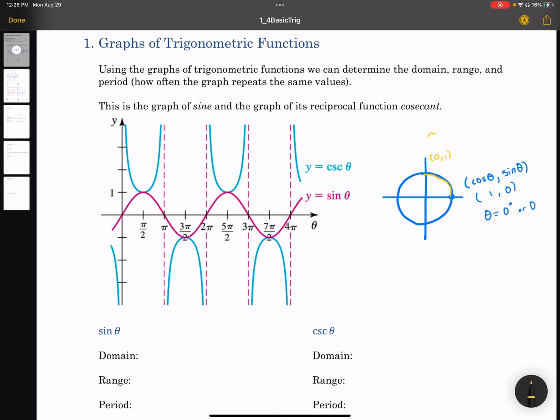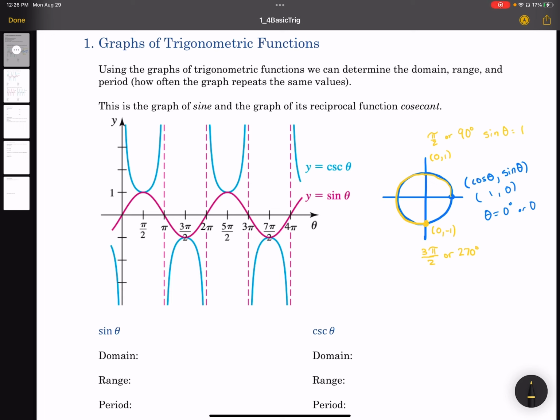And we know at pi over 2 or 90 degrees, the sine of theta is equal to 1. So we can see on the unit circle that our sine value is always going to be between 1, or if we travel all the way down, we'll get to the point 0, -1, and this happens when theta is 3 pi over 2 or 270 degrees.